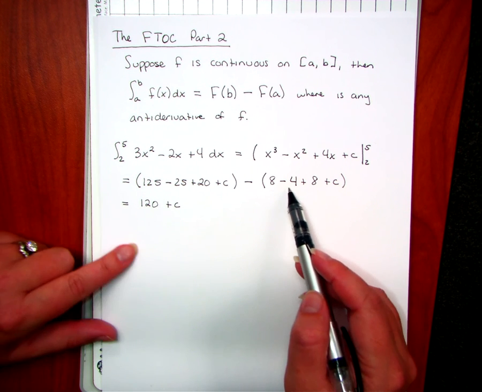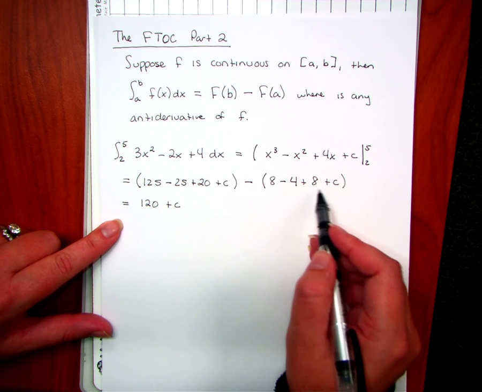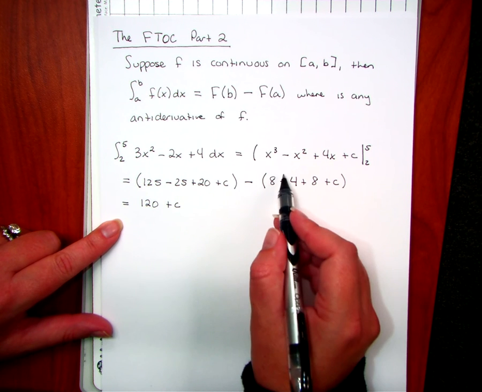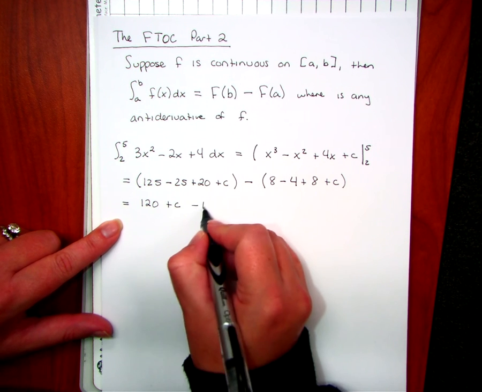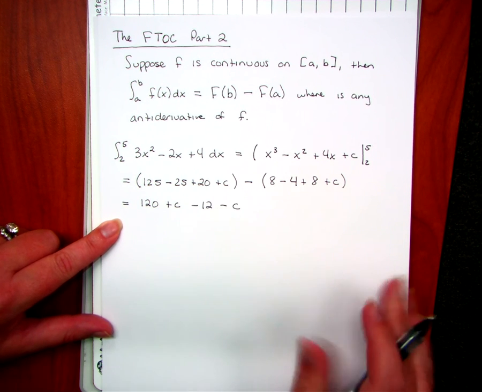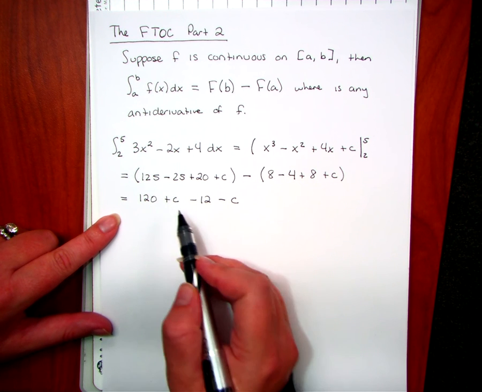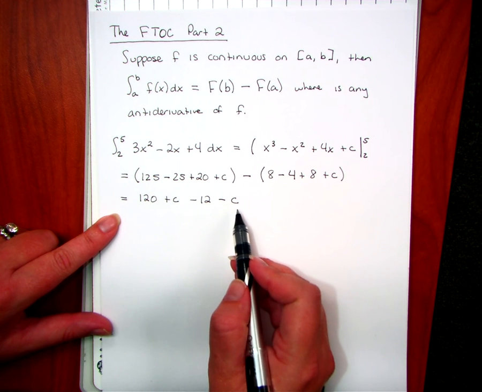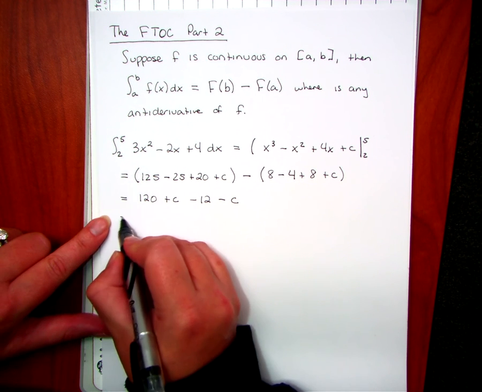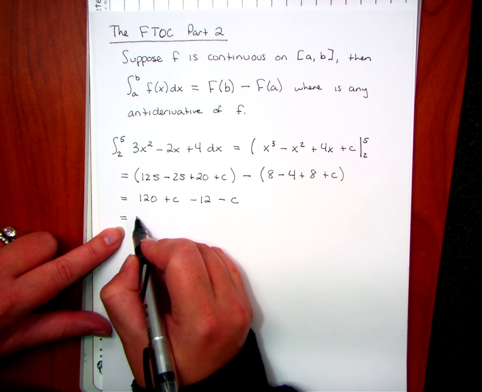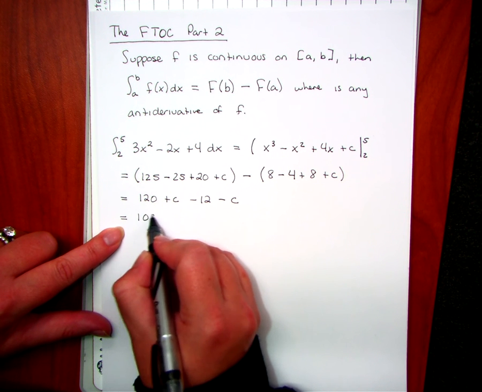Out of the second parentheses, we get 12 plus c, but if I distribute the negative sign, I get minus 12 minus c. What's important here is that the c's cancel. C minus c, they cancel, and I get a final answer of 108.